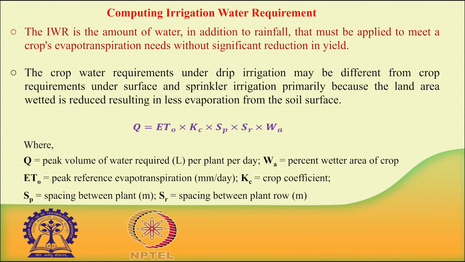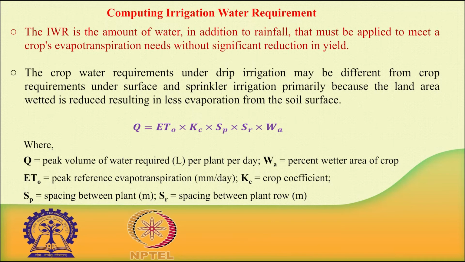Now, computing the irrigation water requirement, as we have learnt in the previous same concept, is used here also. Irrigation water requirement is the amount of water, in addition to the rainfall, that must be applied to meet the crop water evapotranspiration without reduction in the yield.